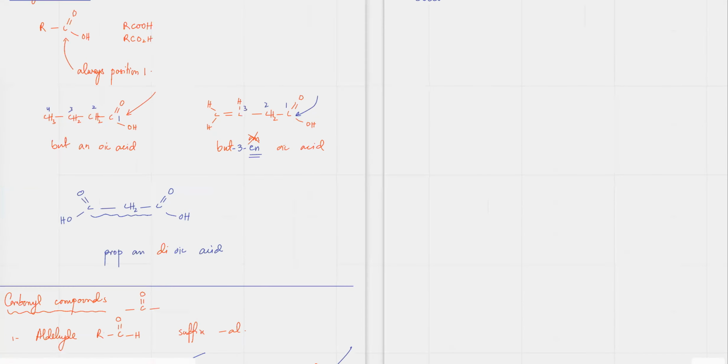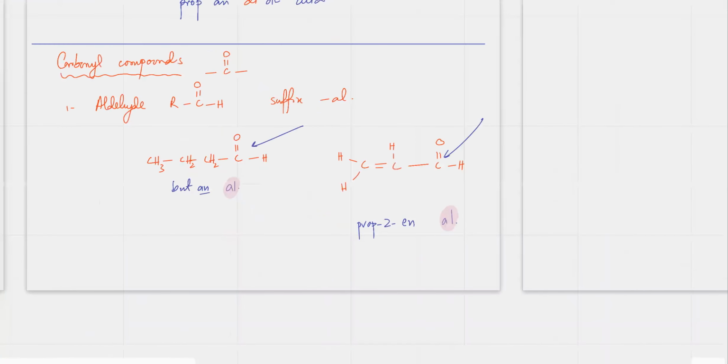In aldehydes, the position doesn't really matter, because it's always at the end. If something ends with ethanal, butanal, propanal, you just understand that the double bond O is right at the end. So you don't have to give it position.